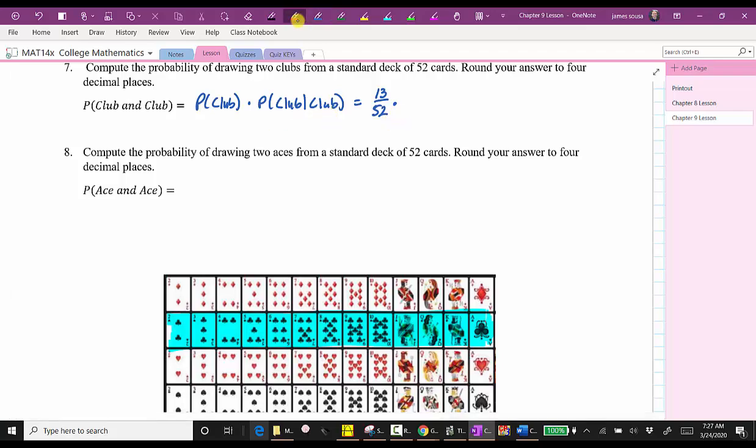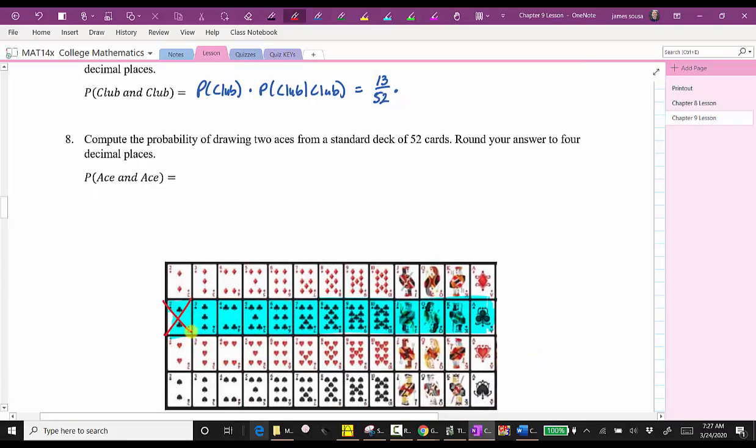Let's just assume the first card was the 2 of clubs. Notice now, when we draw the second card, there's only 51 cards, 12 of which are clubs, and therefore the probability of selecting a club, given the first card is a club, is 12 divided by 51, or 12/51.